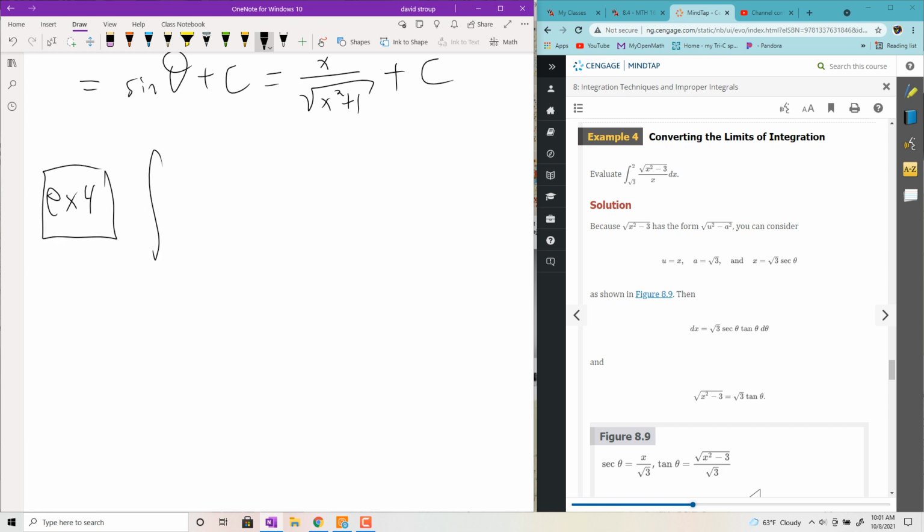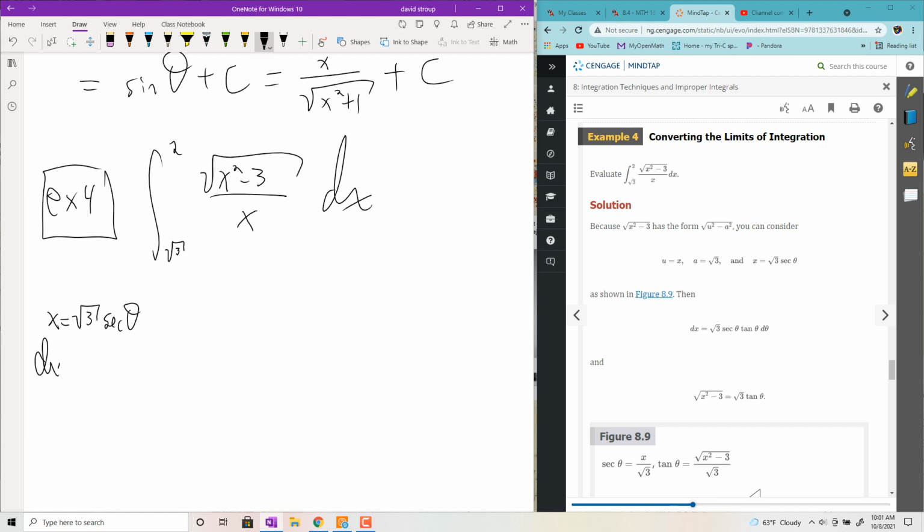So we're actually evaluating from root 3 to 2, and we have the square root of x squared minus 3 all over x dx. Okay, so I'm going to get my material set up. So this is the secant version. So the u is just x, so I have x equals, and then a, because it's a 3, is just square root 3, so secant theta.